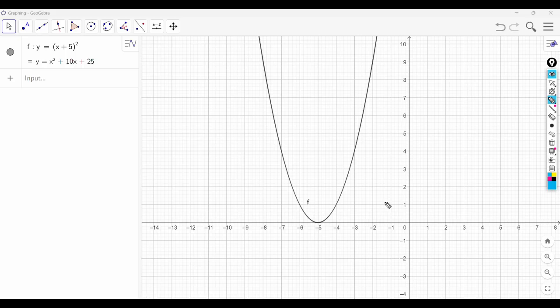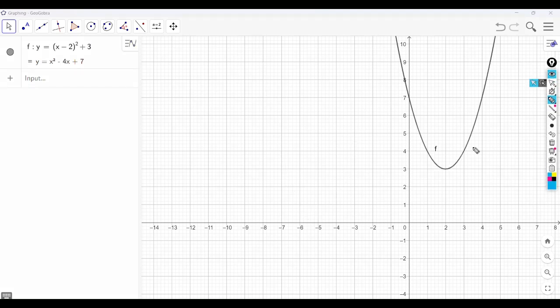Let's do two of those things together. We'll do a vertical shift and a horizontal shift at the same time. If we say x minus 2 squared plus 3, can you guess where the vertex will be? Notice it went to plus 2.